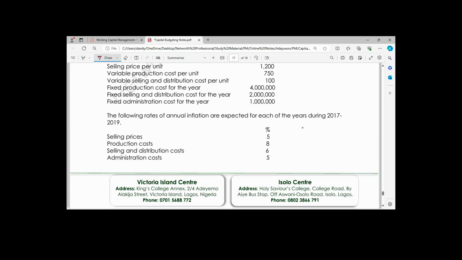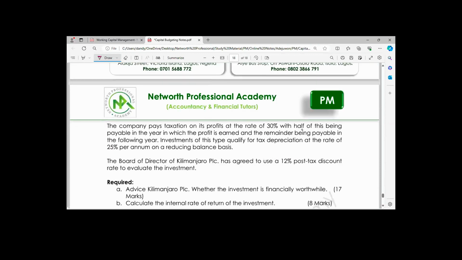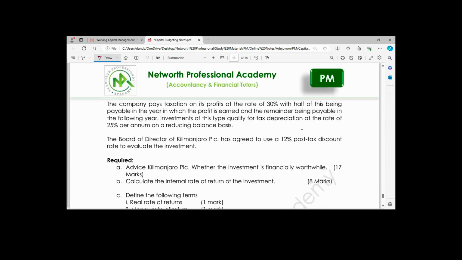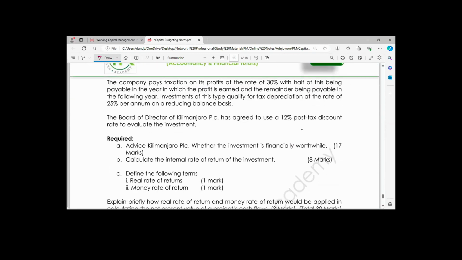The following rates of annual inflation are expected for each of the years 2017 to 2019. The company pays taxation on its profit at the rate of 30%, with half of this being payable in the year in which the profit is earned, and the remainder being payable in the following year.